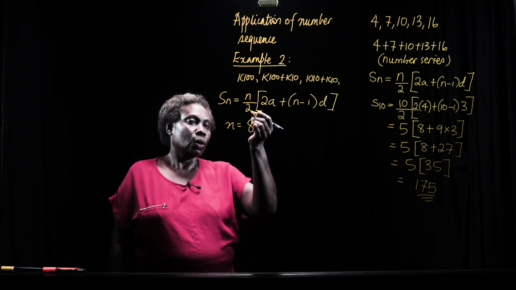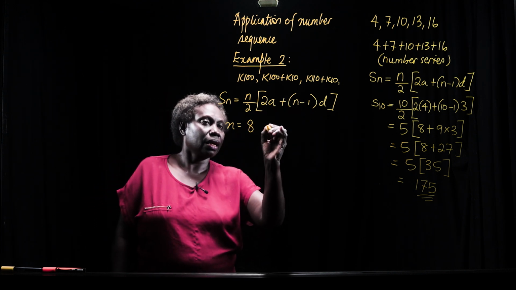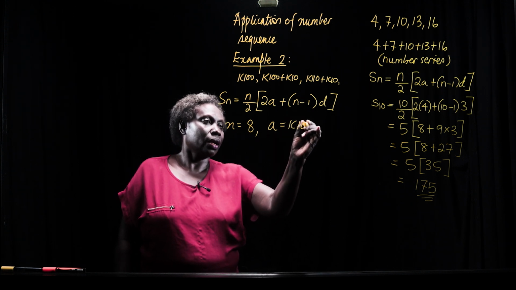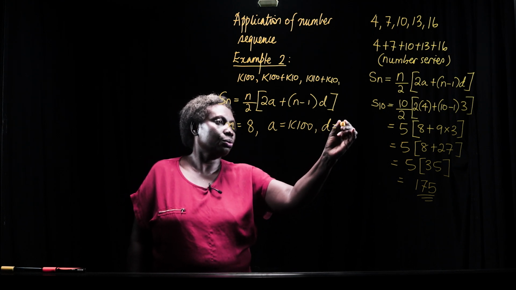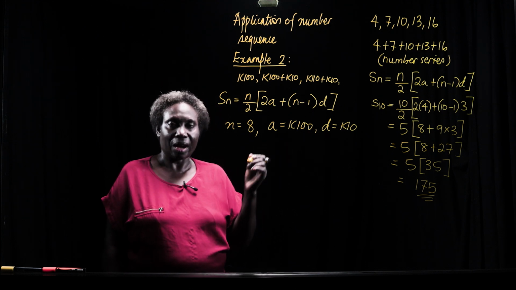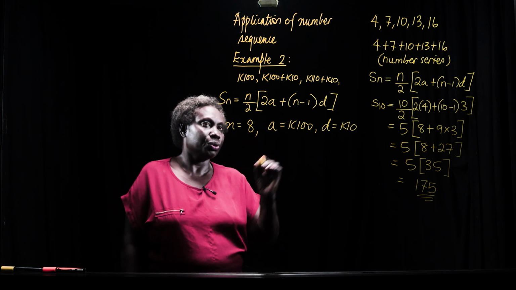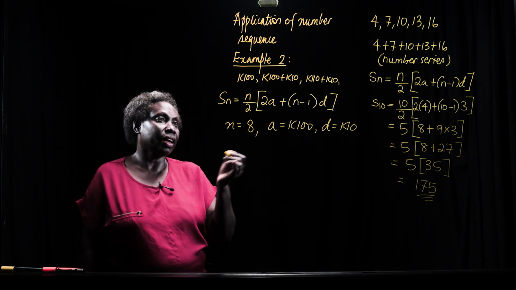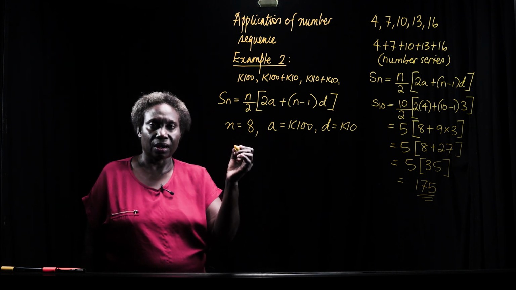He needs to save up the money in 8 months to buy the phone, okay? And we know that a is equal to 100 kina, that's the initial deposit, and d is equal to 10 kina, that is the amount that he adds each month on top of the previous deposit. Now we are going to use our formula to calculate the amount that he is going to save up in 8 months.